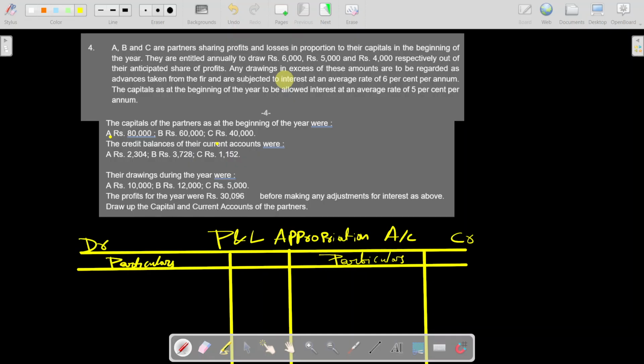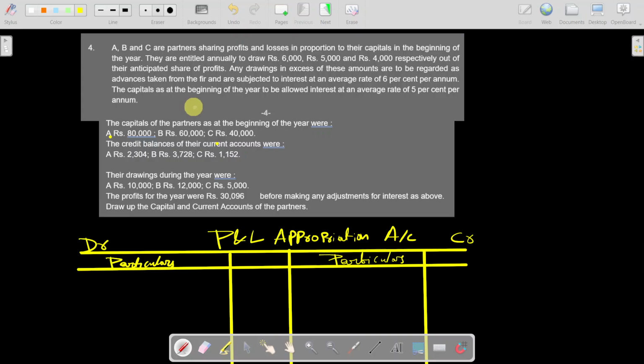Any drawings in excess of these amounts are to be regarded as advances taken from the firm and are subjected to interest at an average rate of 6% per annum. So if they are taking more than these amounts, we have to charge 6% per annum.